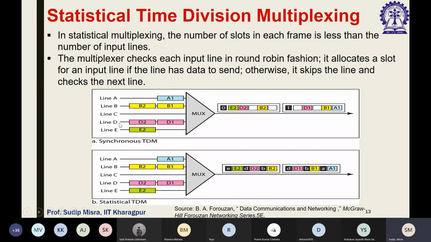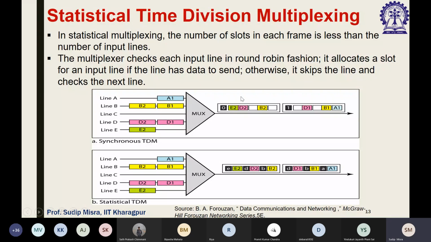So if you want to do synchronous time division multiplexing in the way I mentioned, the net result is going to be that you are going to have these different frames in this way. You are going to have A1, B1, and for C there is nothing, so there will be an empty slot. Then you will have D1 and another empty slot. So this is for one frame. For the second frame also you will start with an empty slot, B2, empty, D2 and E2 in this manner.